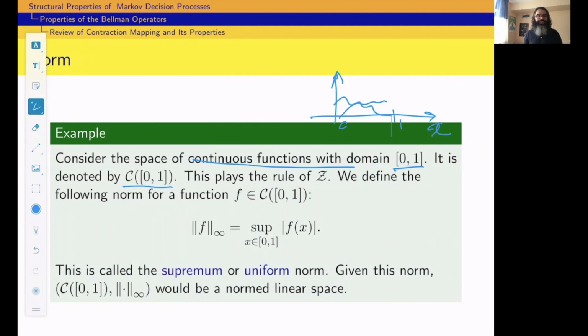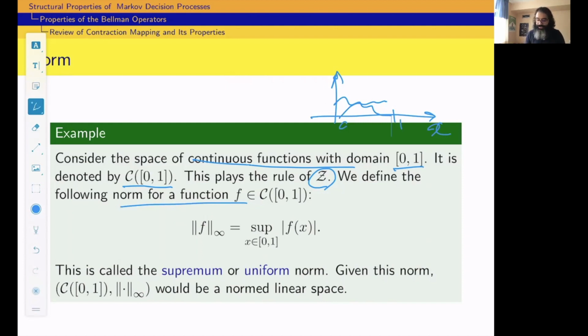This space of continuous functions plays the role of Z. In the previous case, Z was a finite dimensional vector space, R^d, but here it is the space of functions. We define the following norm for a function f in that space.